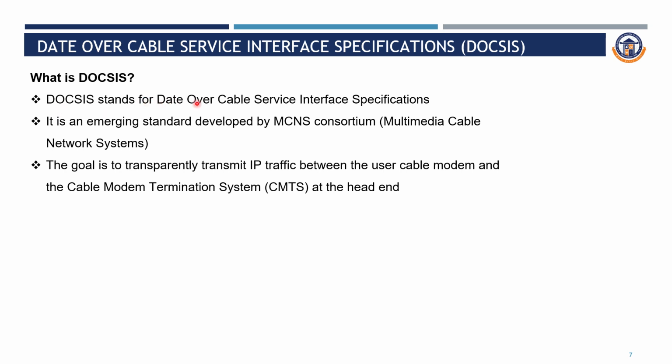It was developed by multimedia communication networking systems. The goal of this specification is to transmit data transparently between a user cable modem and the cable modem termination system at the higher end.